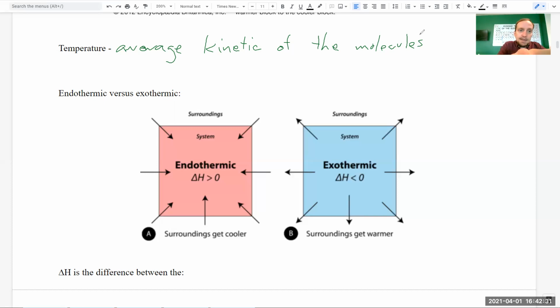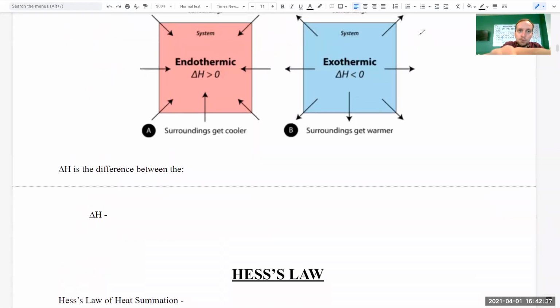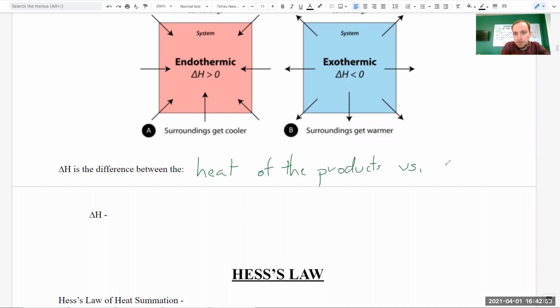All right, that being said, again, we just talked about delta H a little bit, so I'm just going to finish up real quick with that. Delta H, again, is the difference between the heat of the products versus the heat of the, you guessed it, the reactants.